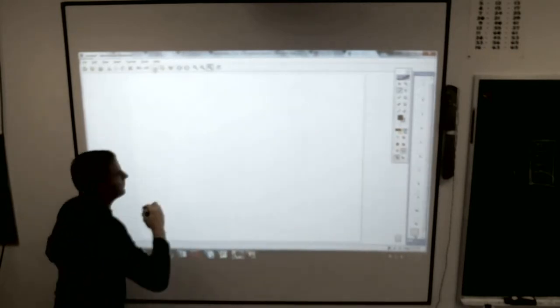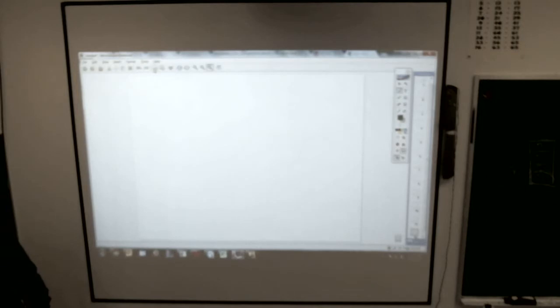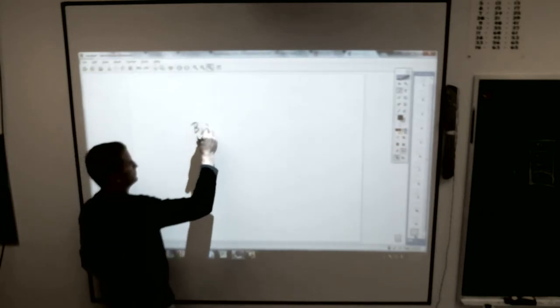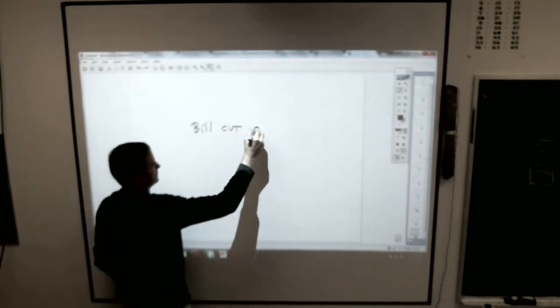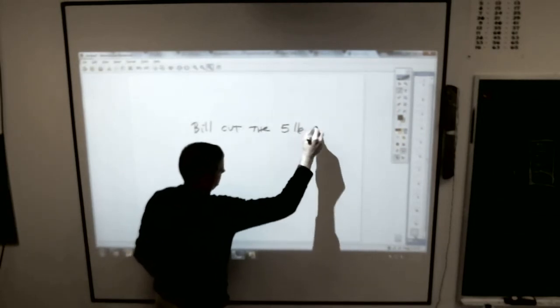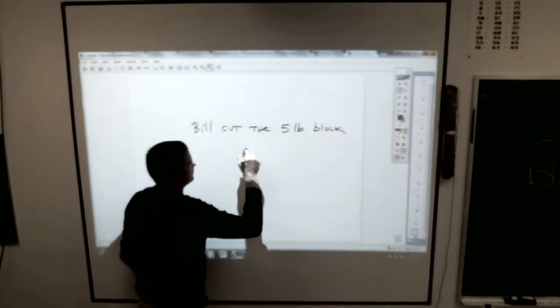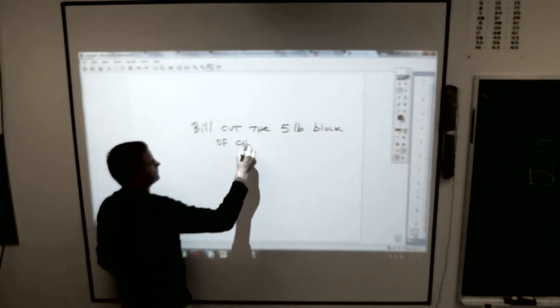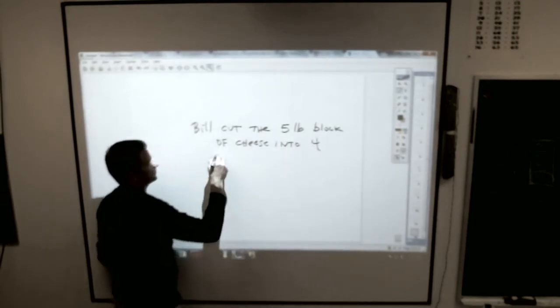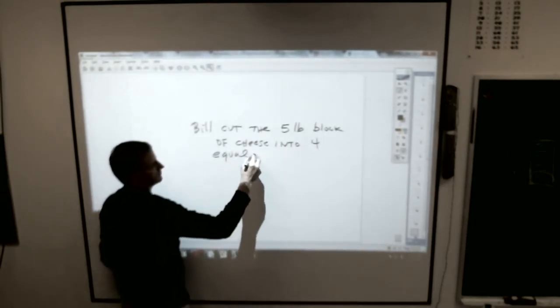Let's look at another problem. How about this one? Bill cut the 5-pound block of cheese into 4 equal parts.